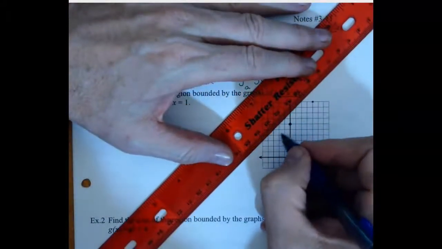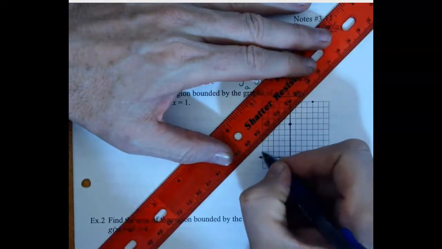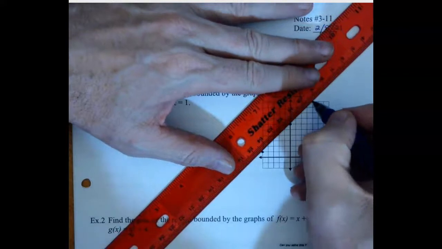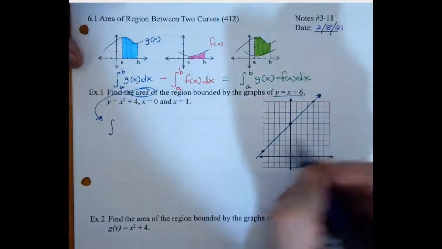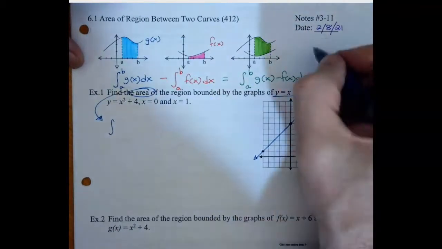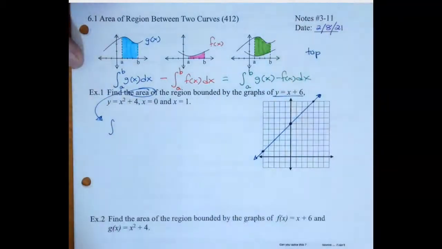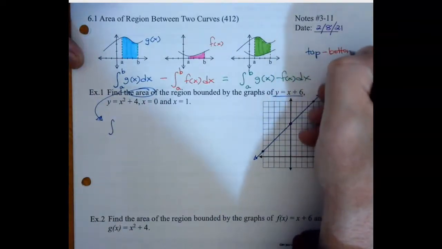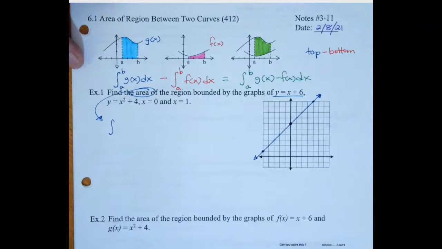Hopefully you're excited that this is our last part of a chapter, chapter 6. And there's our top function. And that's another thing we could kind of think here, it's going to be the top minus the bottom. We're going to use that for a few different things.